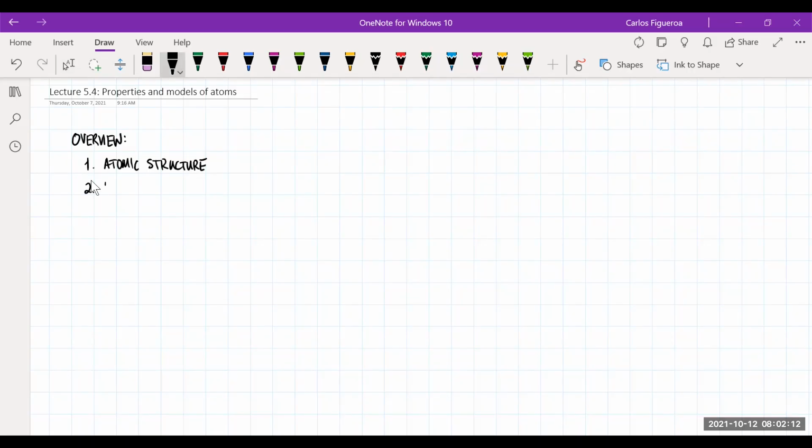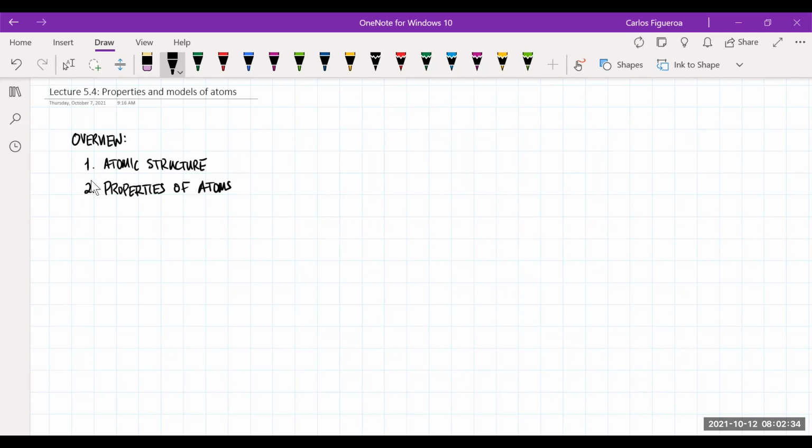Okay, so now I want to start looking at the properties of atoms. And I could think of really four things. I think there's four, there might be three.